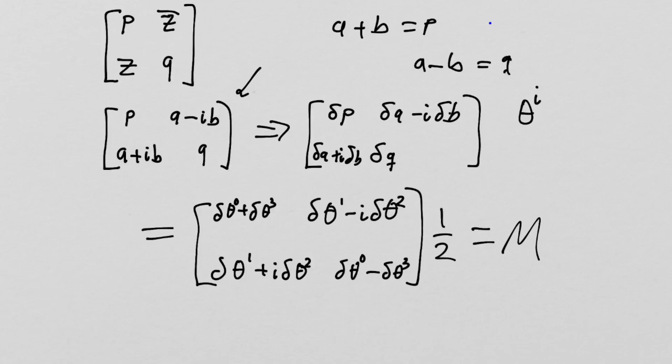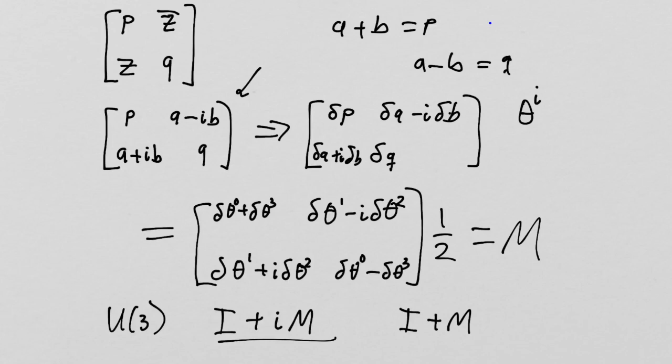And so any infinitesimal member of U3 is going to look like I, the identity matrix, plus I M. That's how Gilmore wants us to do it. Now, there are other books, when you do it, it'll just be I plus M, right?